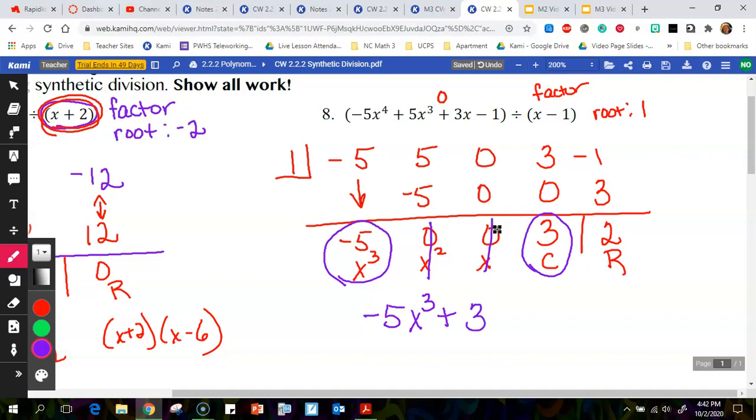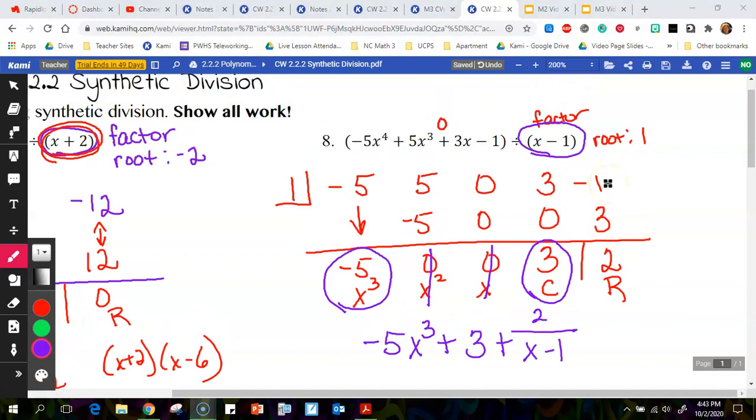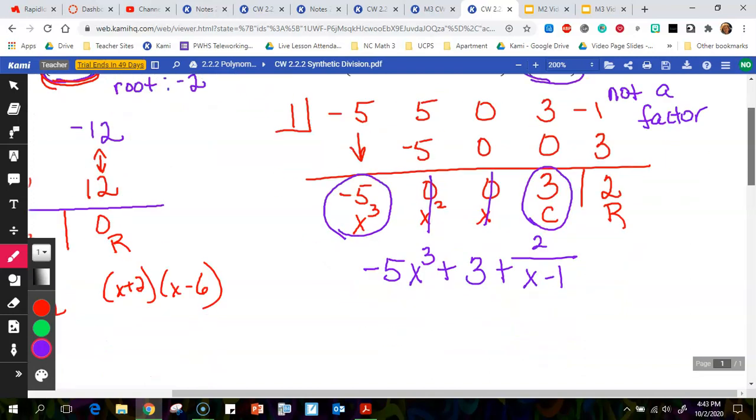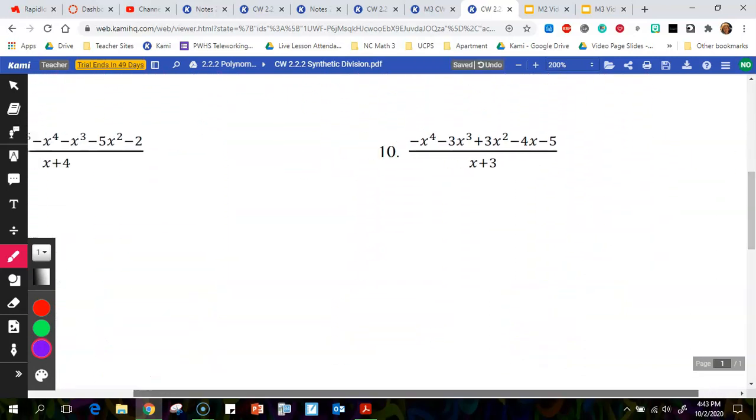And then my remainder is the numerator in my fraction, and x minus 1 is the denominator. So then my conclusion is that x minus 1 is not a factor of that polynomial. Okay.